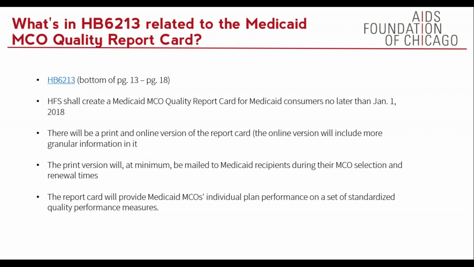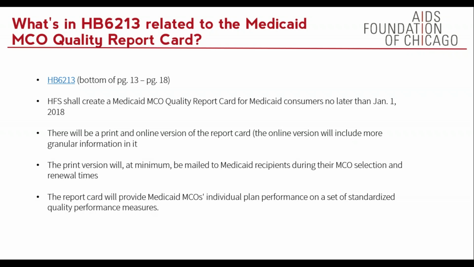The language on the report card starts on the bottom of page 13 within the law and goes through the end, which is page 18. Some of the basics around what's in this part of the law, specific to the report card, is that HFS shall create this report card and that it needs to be ready for consumers no later than January 1, 2018. As you might remember, the bill was signed into law in the summer of 2016.